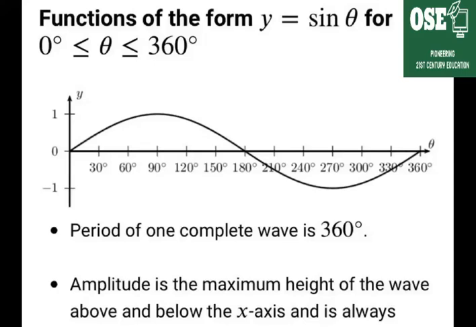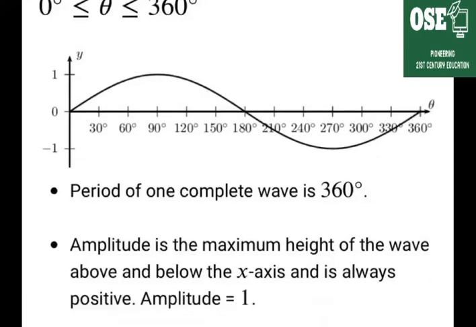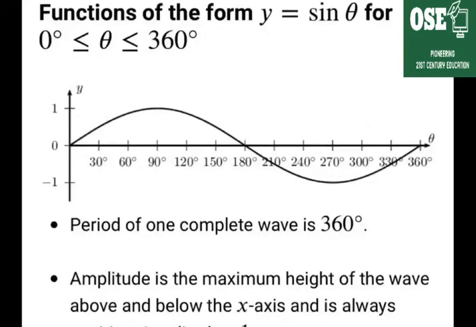So as you can see with this graph, sin 0 is 0, sin 90 is 1, sin 180 is 0, sin 270 is -1, and sin 360 is 0. It's a very simple graph.